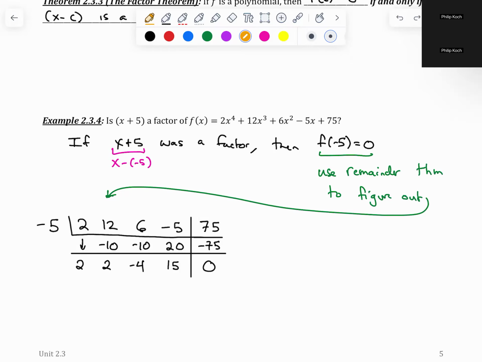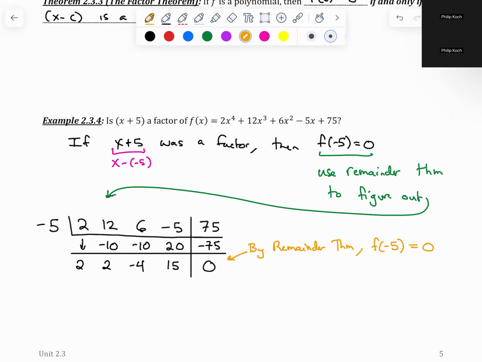And the remainder, by the remainder theorem, f of -5 does equal 0, because the remainder you get when you divide by x minus c is f of c.